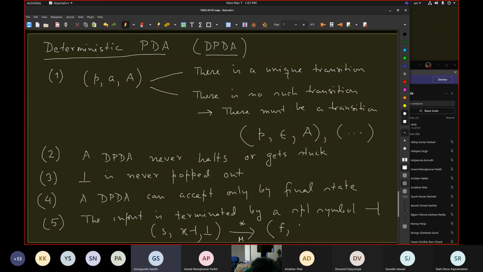This entire thing is consumed. Something is there in this stack, but this is never popped out. It goes to a final state. F is a final state. So the language of M is the set of all X such that this happens for some final state F.